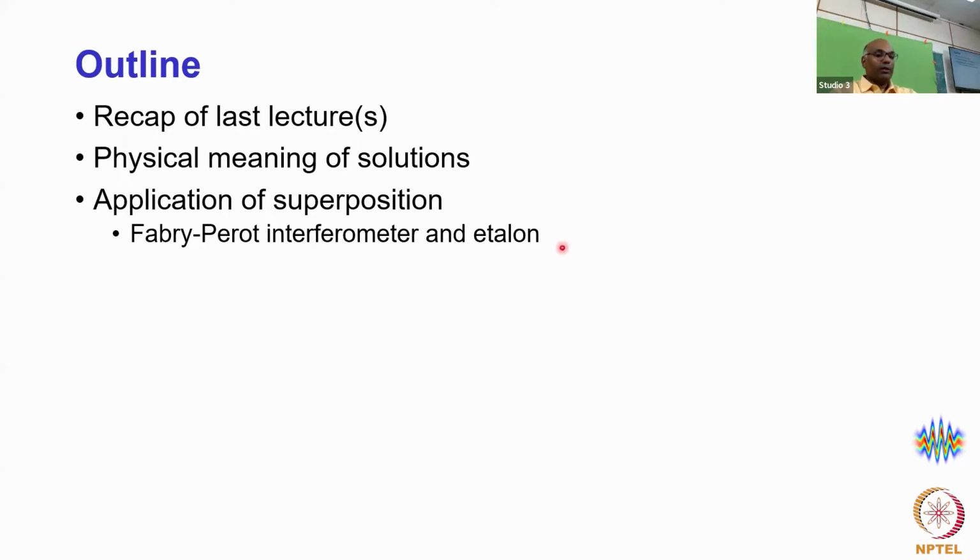And in today's class, we will dedicate considerable time and attention to the application of the superposition of electromagnetic waves to the case of the Fabry-Perot interferometer and Etalon, and broadly set up the basis for our understanding of optical resonators.